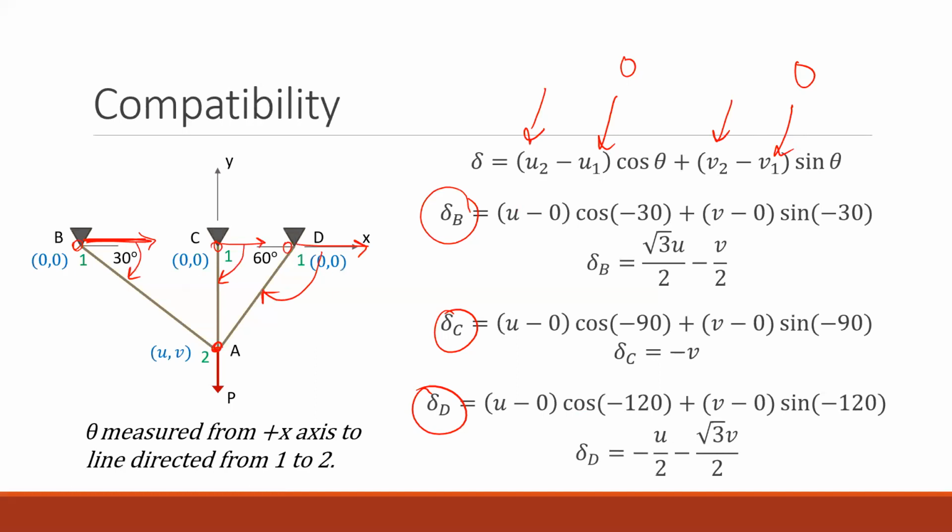In this case, it's 30 degrees. And it's negative because a positive angle would be counterclockwise. In this case, it's negative 90. And in this case, it is negative 120.